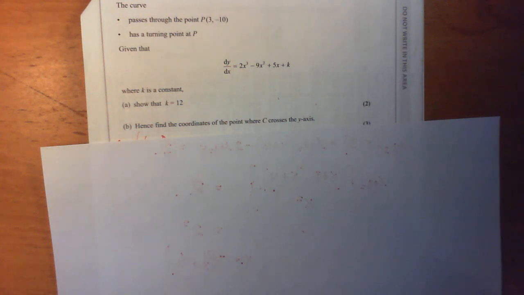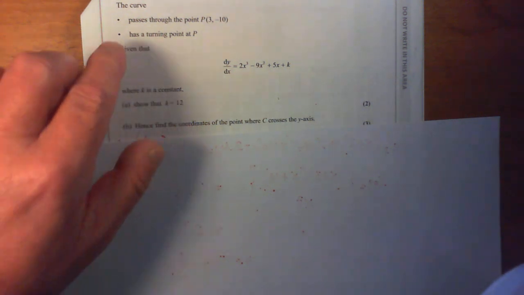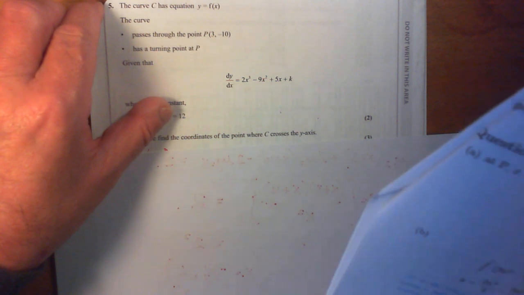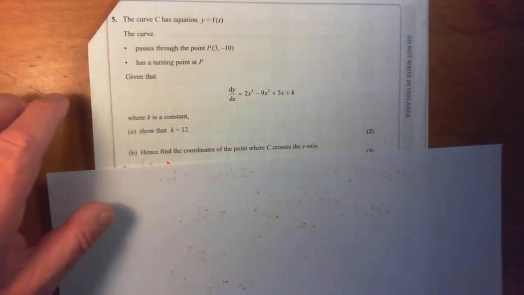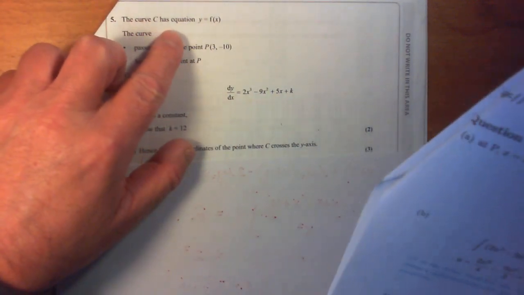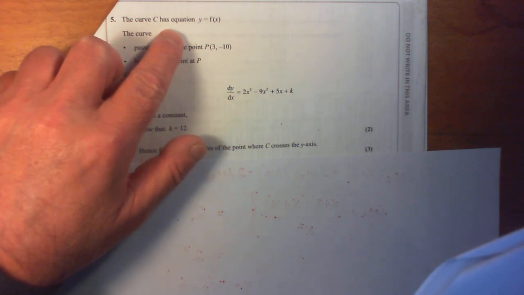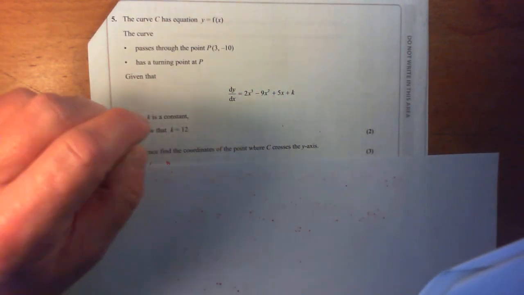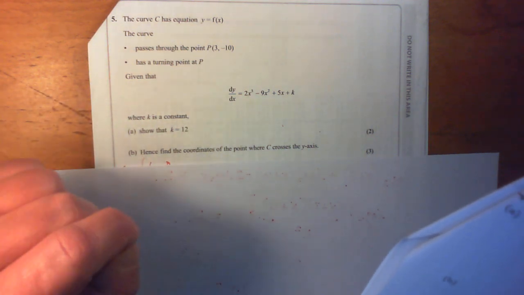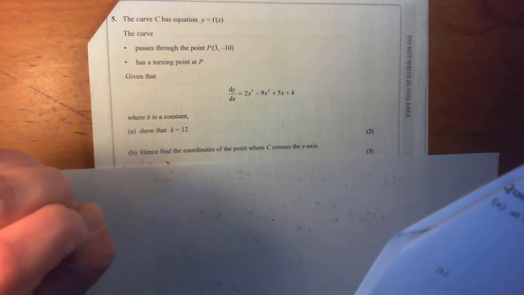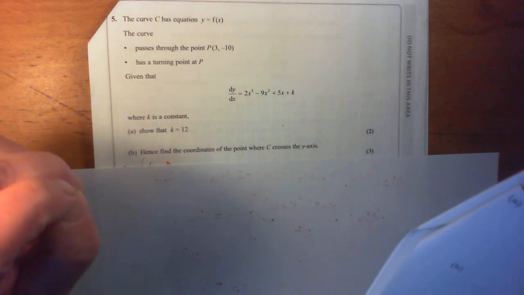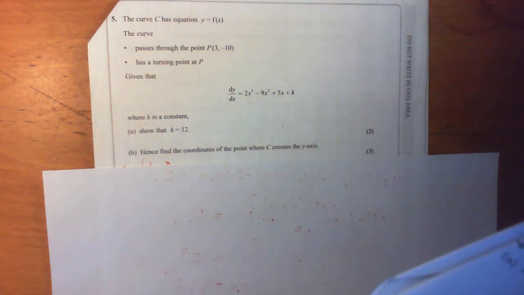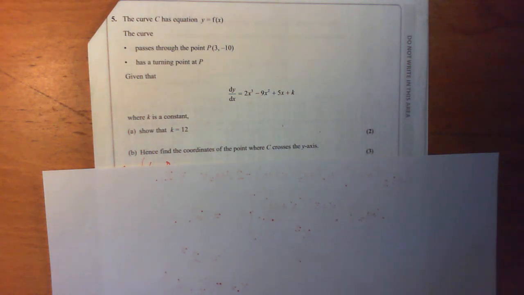The one thing I should say is that it says the curve C has equation such and such. So when on a later part you need to integrate, good practice is that you don't put C down as the arbitrary constant in the integration. You choose some other letter. That's just a note on good practice.